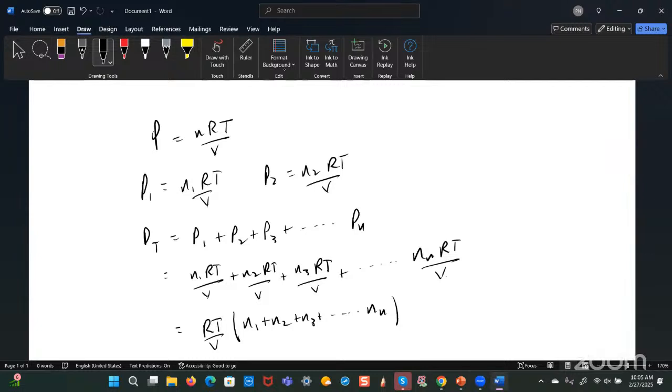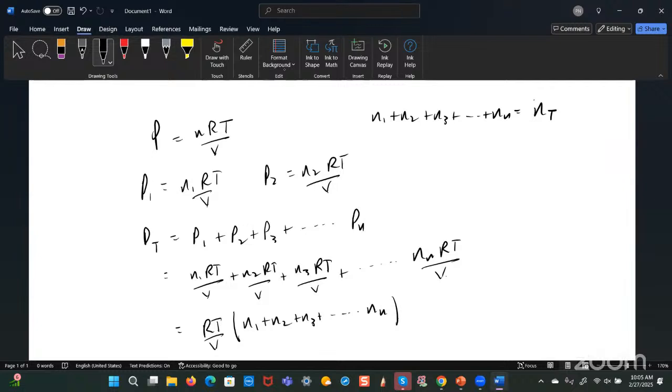And we can say that this total here, n1 plus n2 plus n3 and so on to nn, is equal to the total number of moles, nt, right?